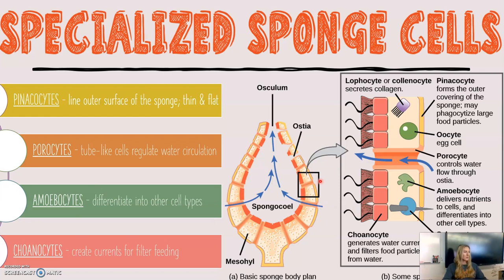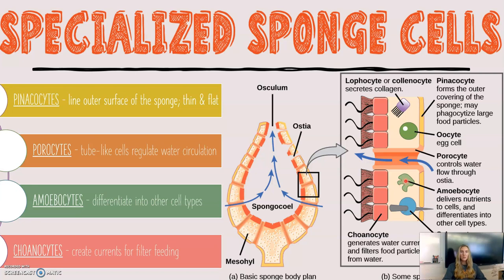If we look right here, we see a bunch of porocytes. We've got a porocyte right here, and we see that water is moving through it. These also help not only with the flow of water, but circulation through the sponge. Then we have amoebocytes. Those are going to differentiate into other cell types.